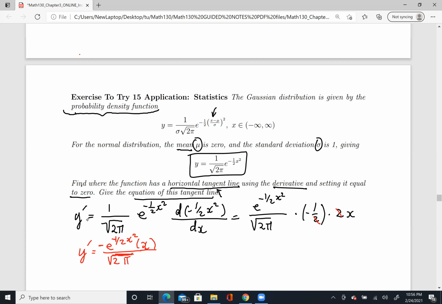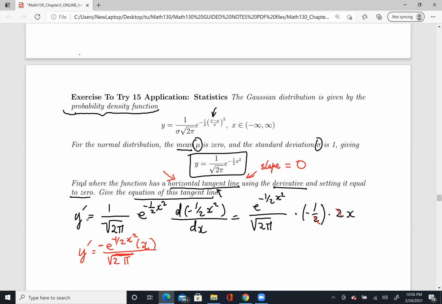So now, because the function has a horizontal tangent line, right? So then the slope at this tangent equals 0.